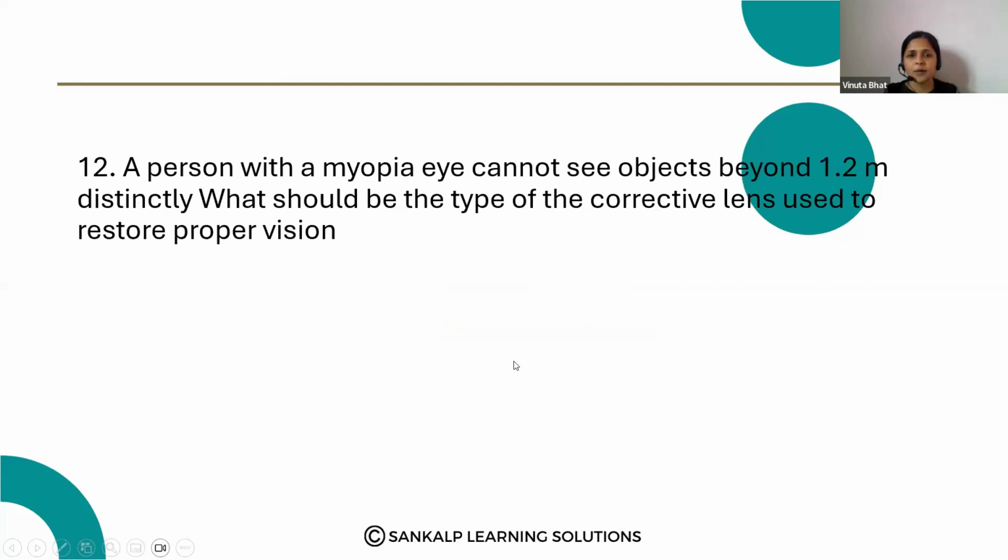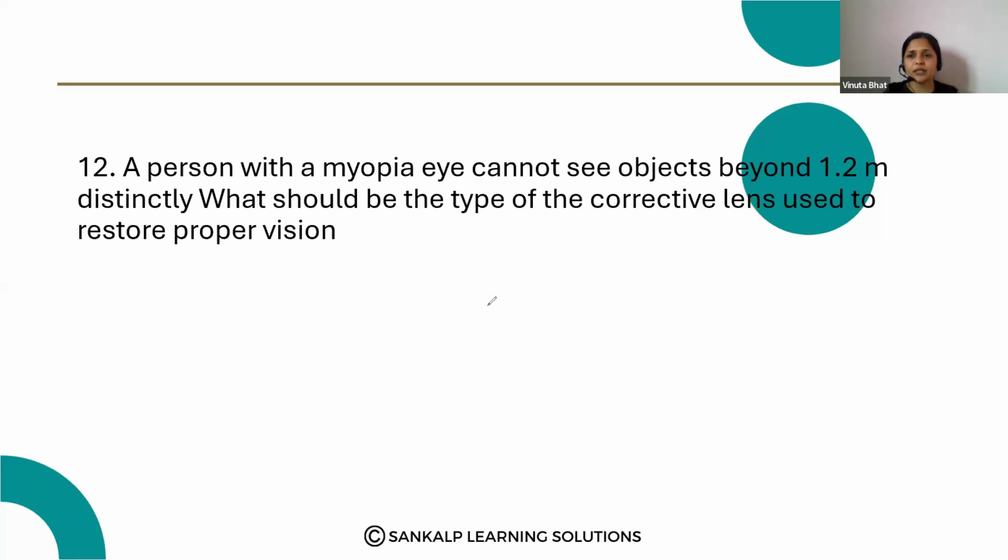Next question. A person with myopia eye cannot see objects beyond 1.2 meter distinctly. What should be the type of corrective lens used to restore the proper vision? So here, you know the disease, what is myopia and how it occurs. When the person is not able to see the objects distinctly beyond 1.2 meter, he is suffering from the myopia eye defect.